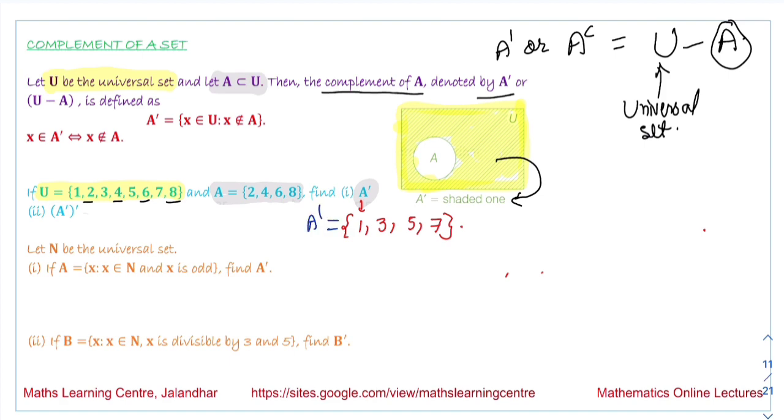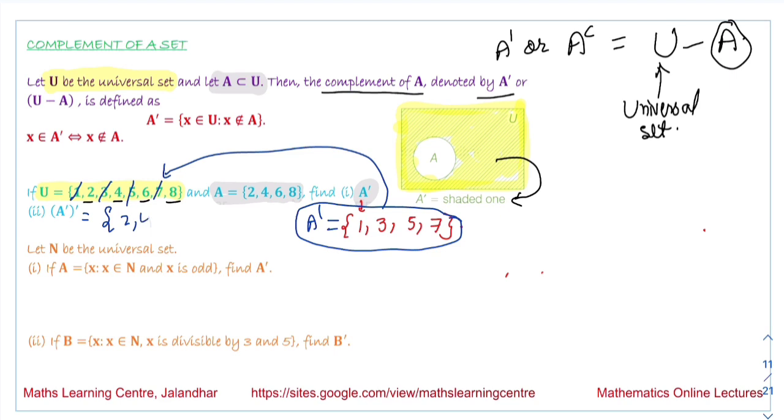Next we have to calculate the complement of A dash. So for this set, again U is the universal set. Now we have to remove the elements of A dash. When we remove the elements of A dash, what we are left with is 2, 4, 6 and 8. So this is the set A that we obtain again.